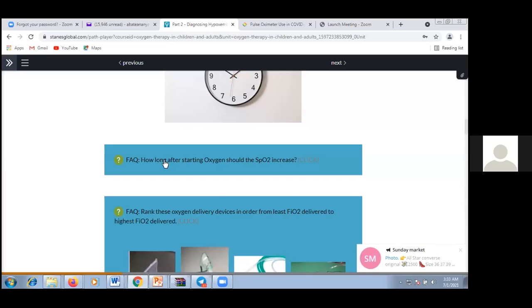I'll give you 2 minutes, and you will be writing as usual in the chat box. Yeah, someone said after 2 to 5 minutes, the SpO2 improves.